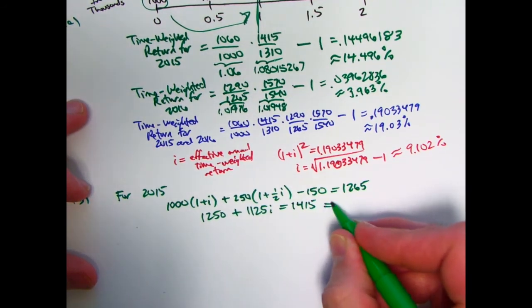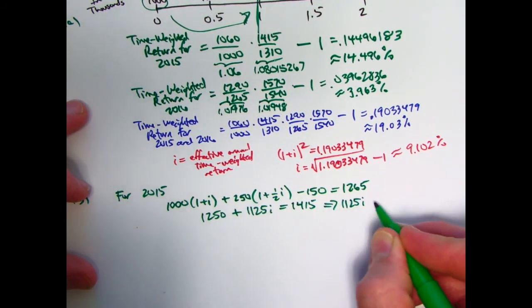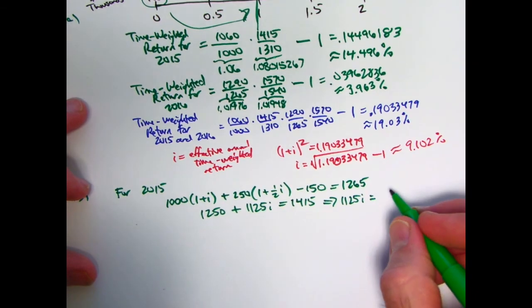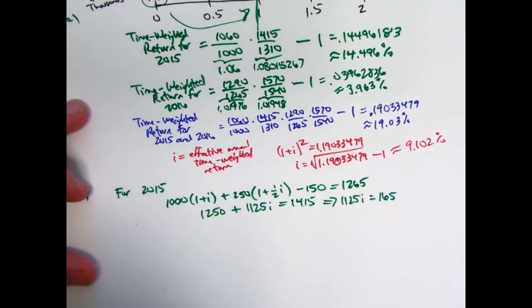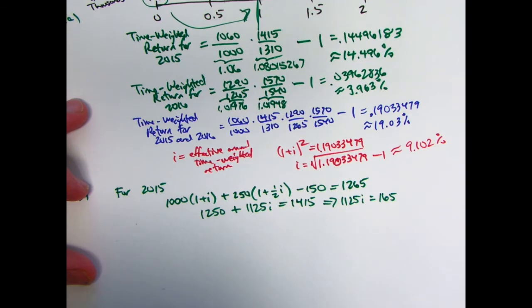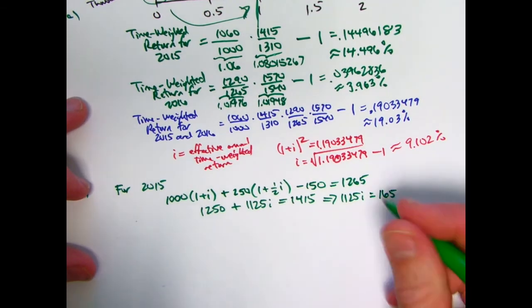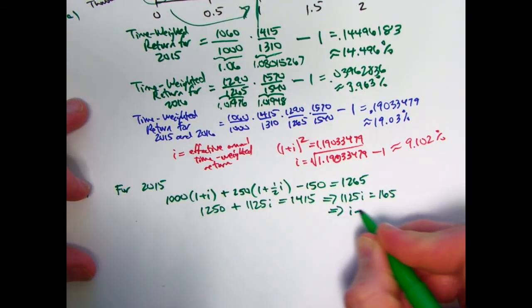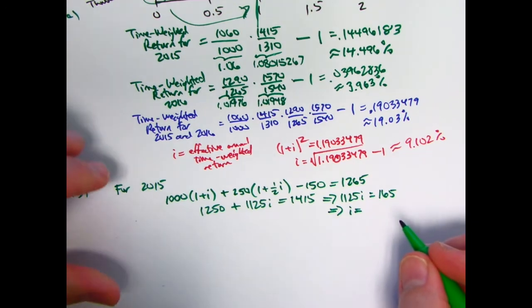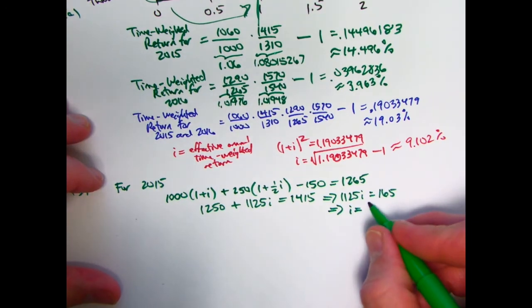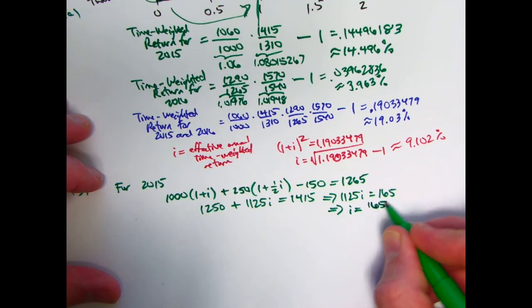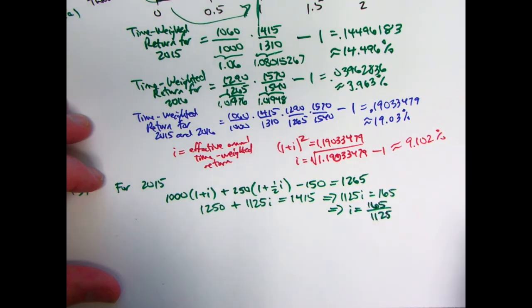Subtract 1,250 from both sides, we'll get 1,125 i equals, what will it be here, 165 it looks like. Let me double check that here. Yep, 165. So i, which is going to be the dollar-weighted or money-weighted rate of return for 2015, will be 165 divided by 1,125.